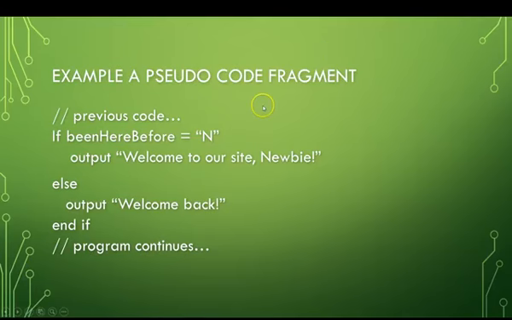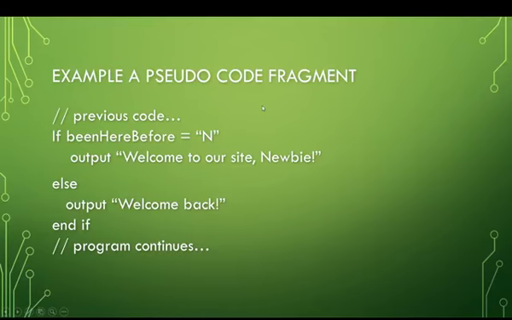Here's an example of the pseudocode fragment. I'm using the same example, but I've extended it a little. In the previous example, we said, if you've been here before, and you said no, then we output, welcome to our site, newbie. And then we didn't do anything else. But now we have an else where we output welcome back.